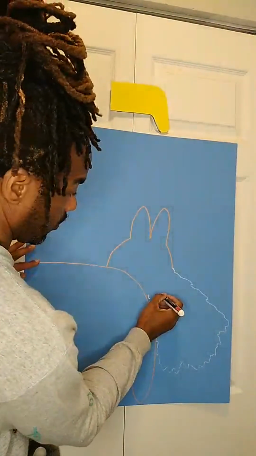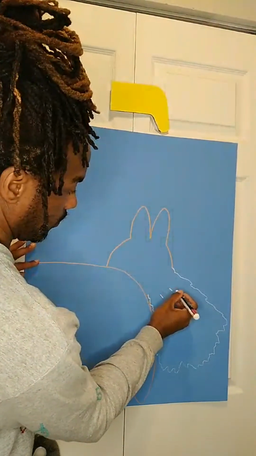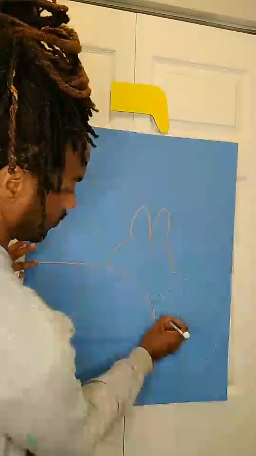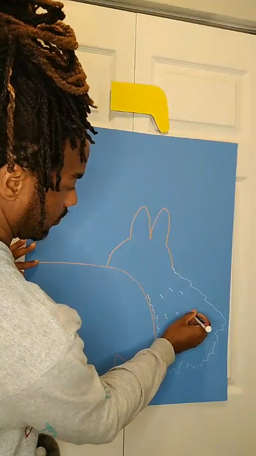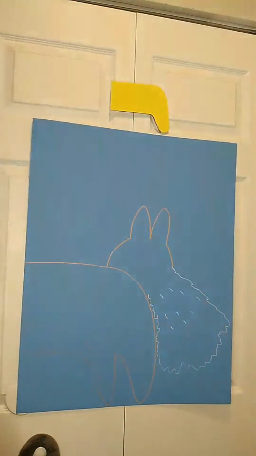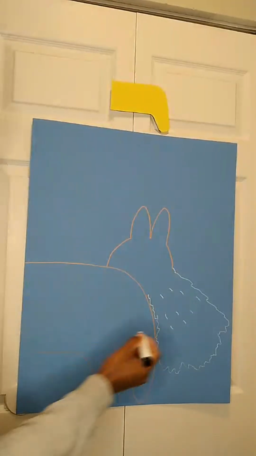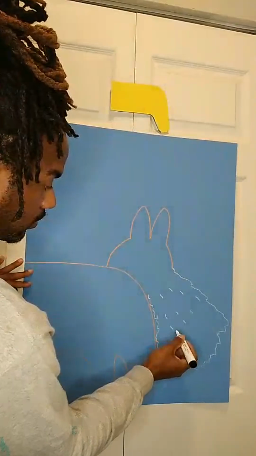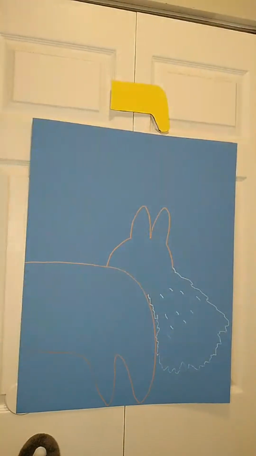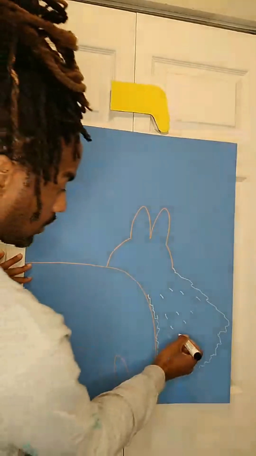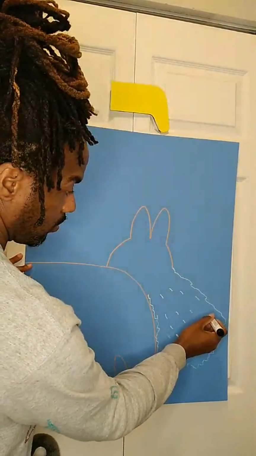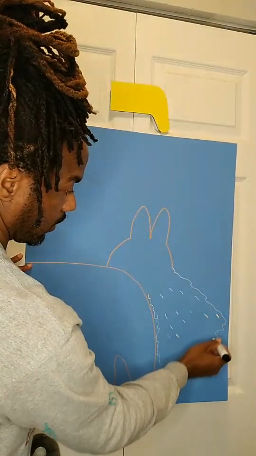So let's draw. This marker below. Maybe there's another one. Maybe this one might do it. Nope. I have to get new markers now. I think one of these are gonna do it. Oh shoot. Yep, this is it right here.